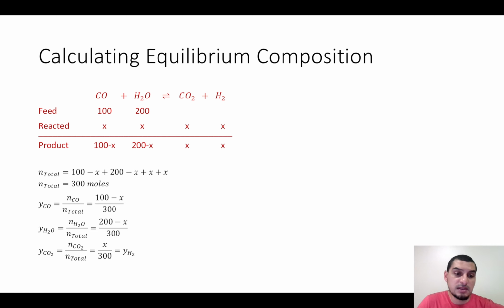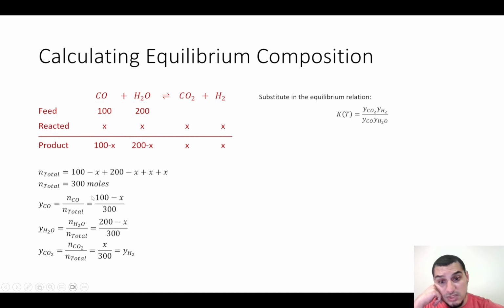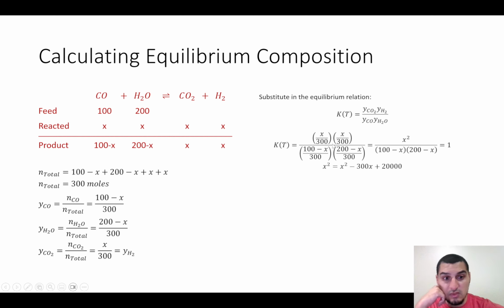And now we can substitute in the equilibrium relation, which states that Y carbon dioxide multiplied by Y hydrogen, divided by Y carbon monoxide multiplied by Y water, equals 1. So if we substitute with these equations, this is what we are going to get.